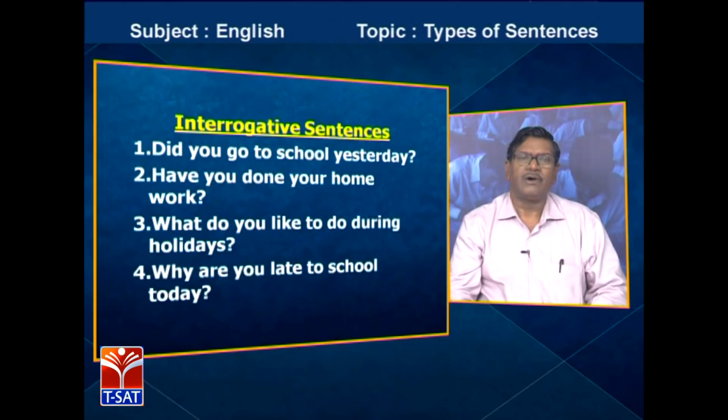So, 1, 2 are yes-no questions. 3 and 4, what do you like to do during holidays? Why are you late to school today? These two begin with an interrogative word. So, these two are called wh-questions. Interrogative sentences, wh-questions, and yes-no questions. Two varieties are there in these interrogative sentences.